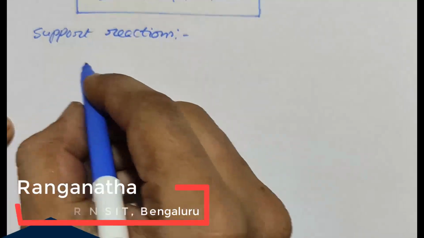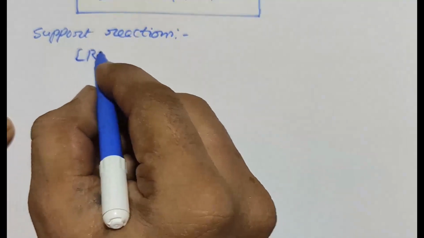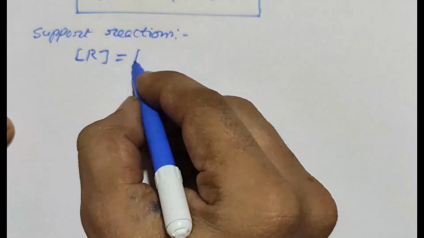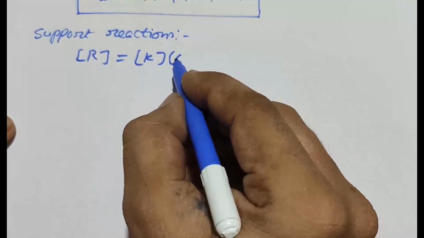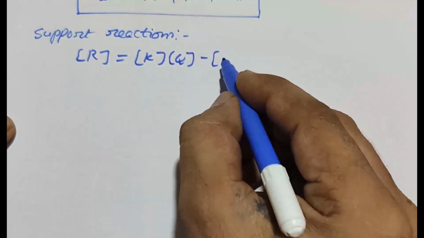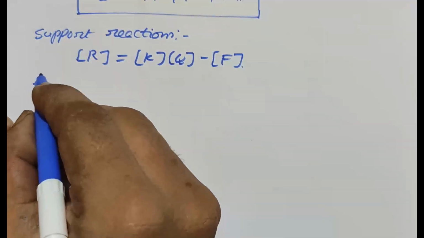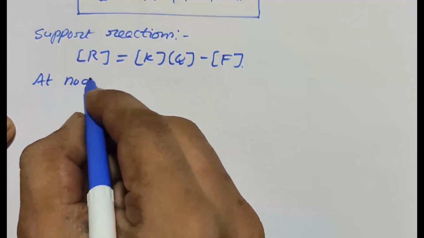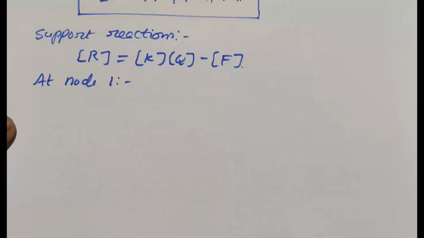See, we have the formula. Support reaction R is equal to K into Q minus F. At node 1, we need the support reaction R1 and R2.